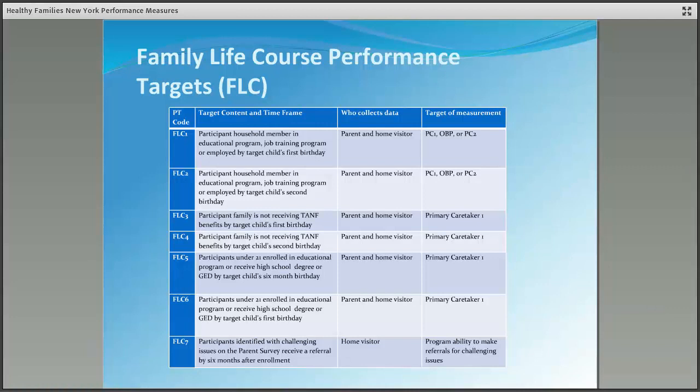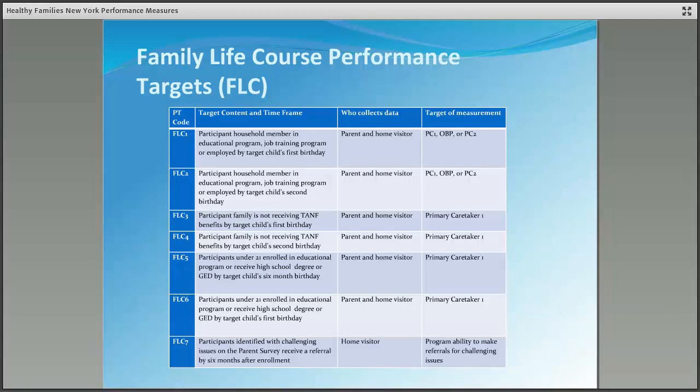Again, you will notice it is a collaboration between the visitor and the parent to collect the information needed to measure the outcomes. For the first two FLC targets, the general idea is that by the child's 1st and 2nd birthday, some caregiver in the home, either PC1 or PC2 or OBP, has a job or is in an educational and training program.